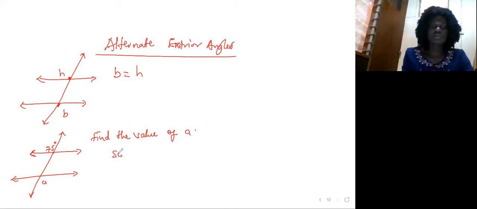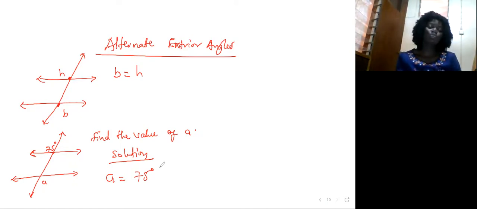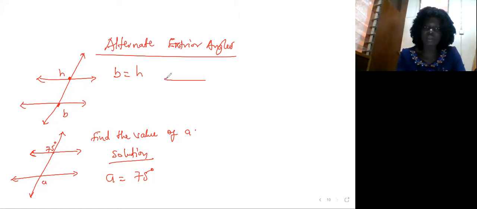From the first illustration we did, we can say that A is equal to 75 degrees. They are alternating, and so they are equal. Alternate angles are equal. Then we come to consecutive interior angles. As we did, I believe you can look for the other ones too.